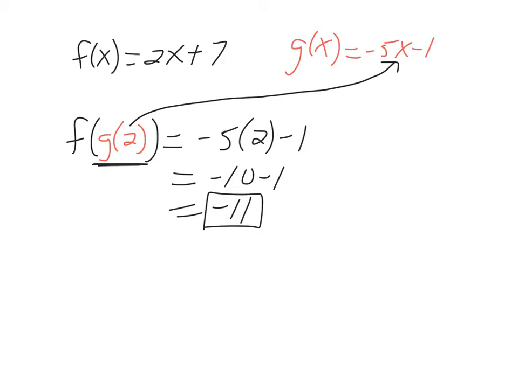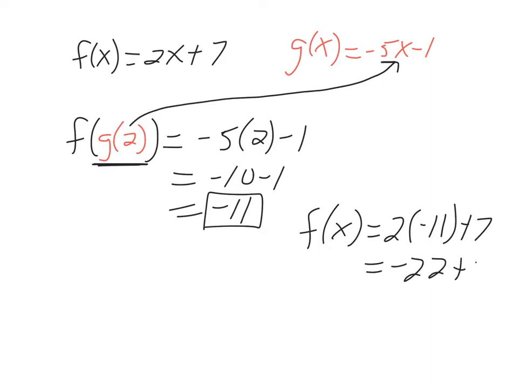So I'd have 2 times negative 11 plus 7, negative 22 plus 7, which would give me negative 15. So that's how you do those. You start inside the parentheses, put the number in the equation it's telling you to, get an answer, then put that answer into the other equation and get a final answer.